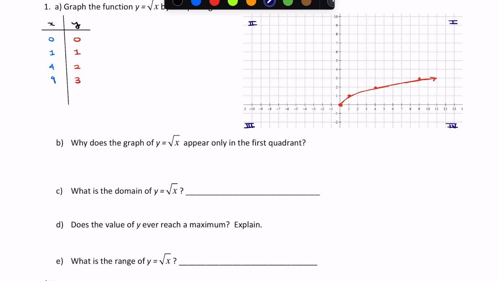The reason is that you cannot square root a negative number.